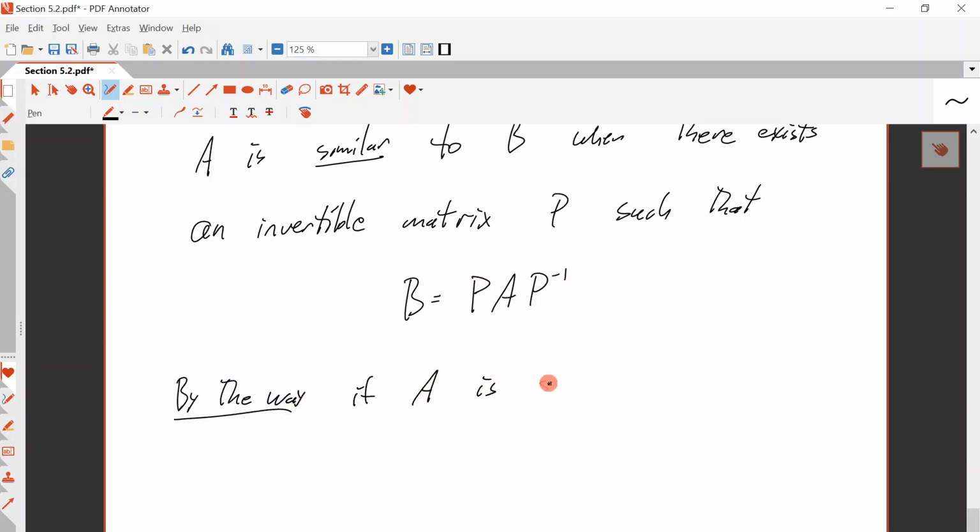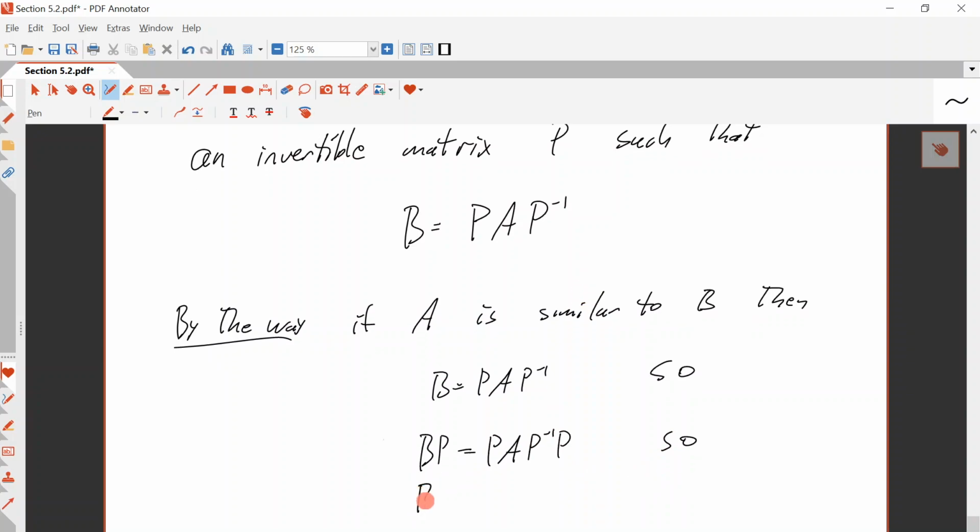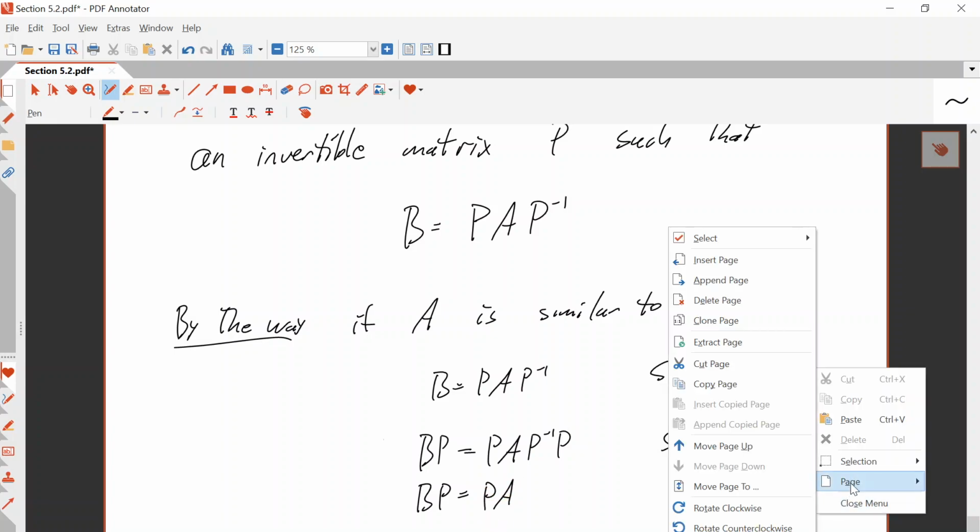By the way, if A is similar to B, then B is equal to PAP inverse. So therefore BP is PA, right? Multiplying both sides by P. BP is PA, P inverse P. So BP is PA.